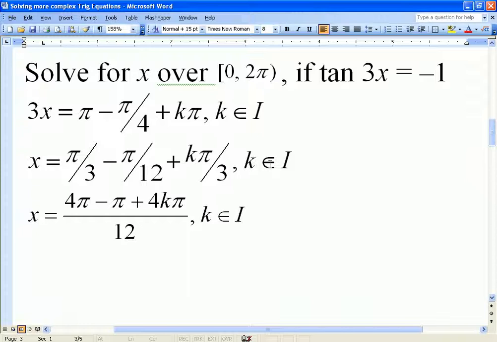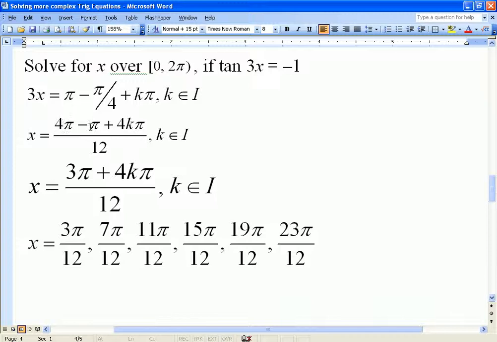Well, putting everything over an LCD of 12, we get that x, which we are trying to find, is equal to 12 pi minus 3 pi plus 4k pi, by bringing these three terms over the LCD of 12.